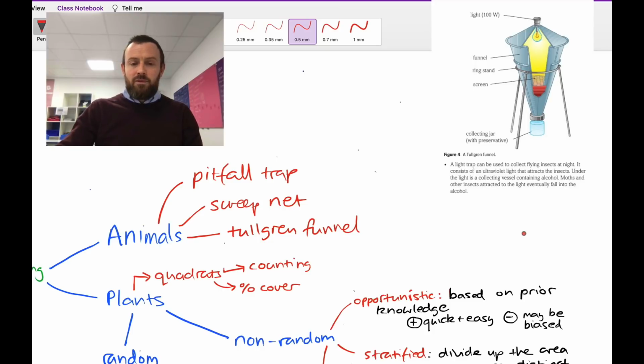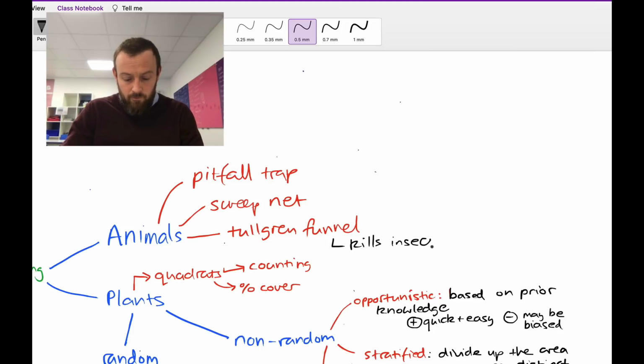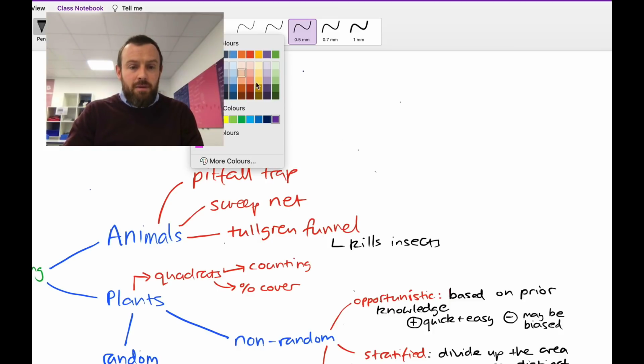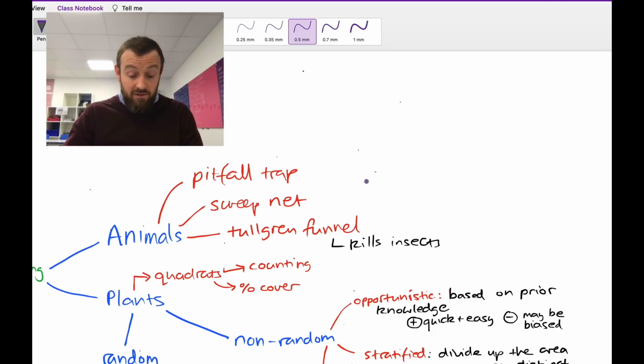So the main difference between these is that the Tolgren funnel kills the insects, whereas the other two methods basically give you live insects, well, potentially, if you go and get them soon enough. If you just leave them in the pitfall trap, they might die.